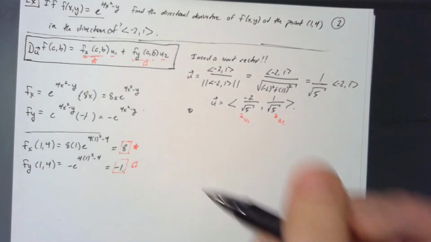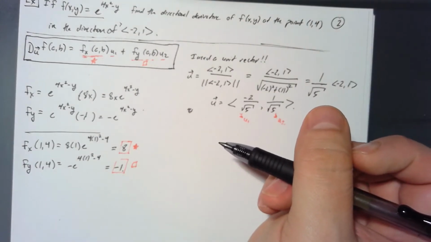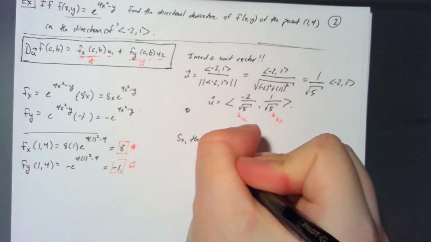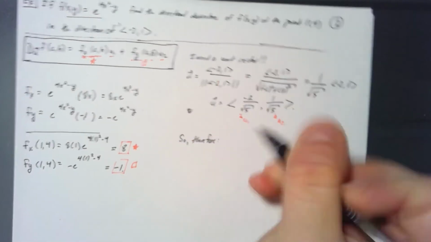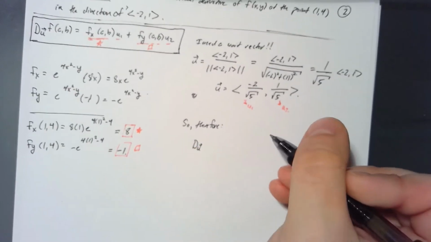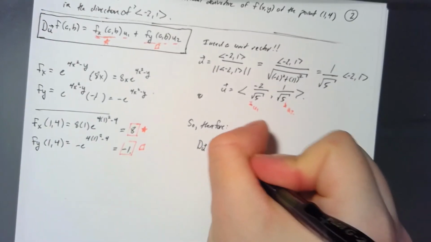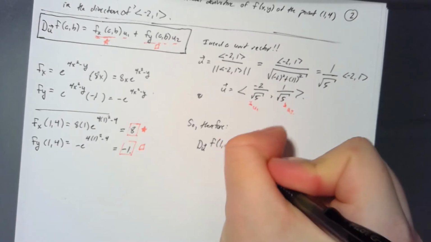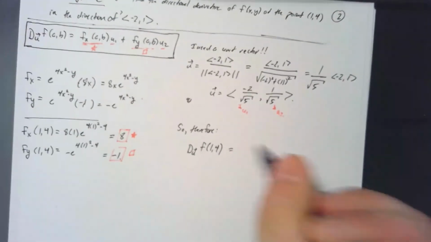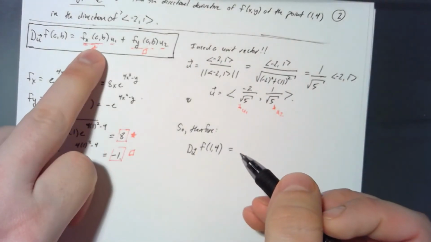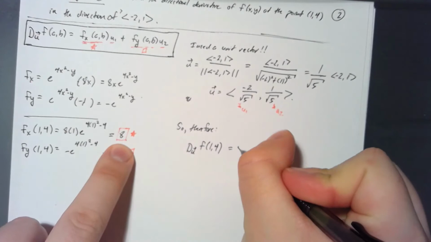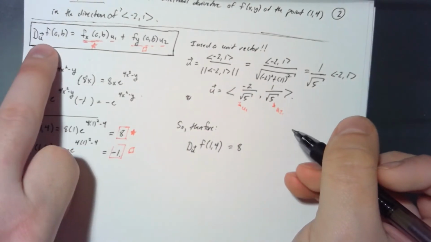So now it's just a matter of computing them. So therefore, the directional derivative in the direction of u at the point 1, 4 of this function equals, so the partial of f with respect to x at 1, 4 was 8. So this is the dot product.